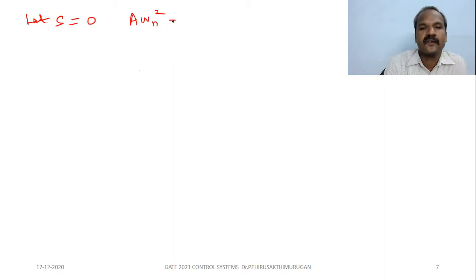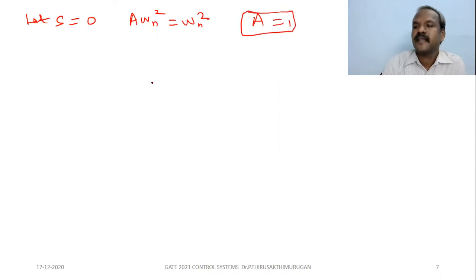So now compare the coefficients, right? Put S equal to 0. As usual, A omega n square equal to omega n square. So A becomes 1. Then compare the S square term.